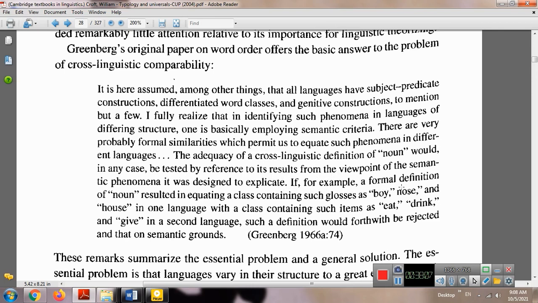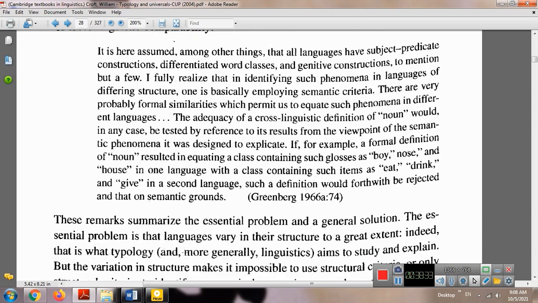If, for example, a formal definition of noun resulted in equating a class containing such items as boy, nose, and house in one language with a class containing such items as eat, drink, and give in a second language, such a definition would be rejected on semantic grounds.